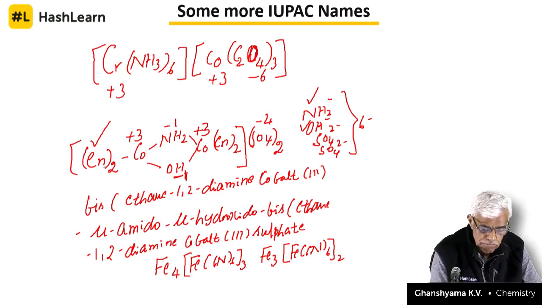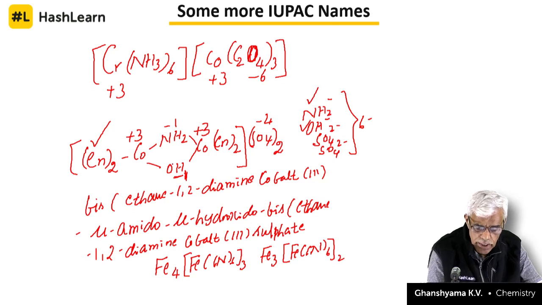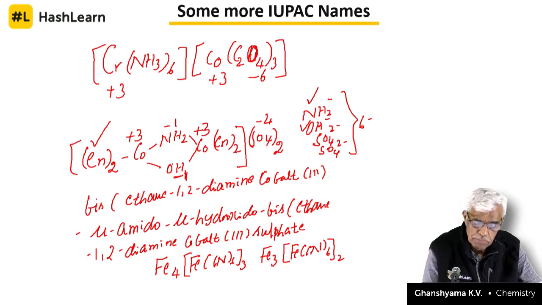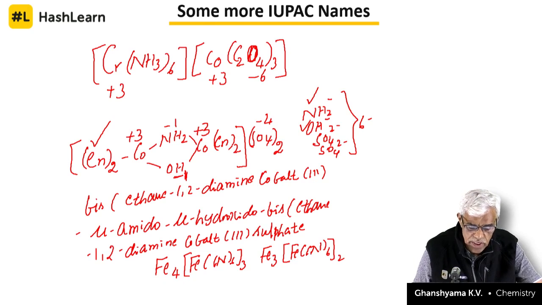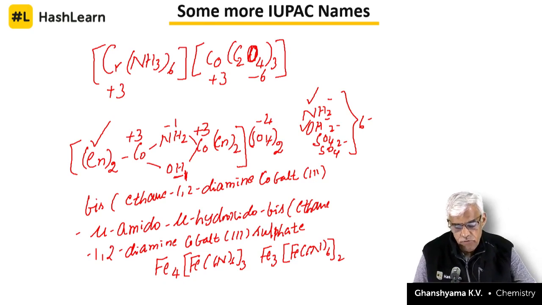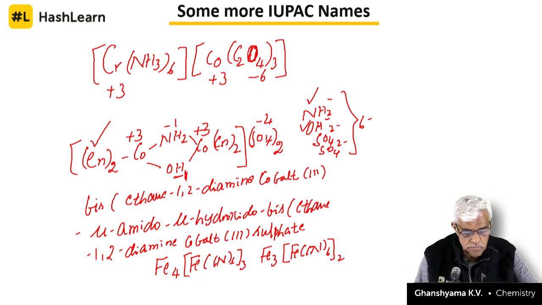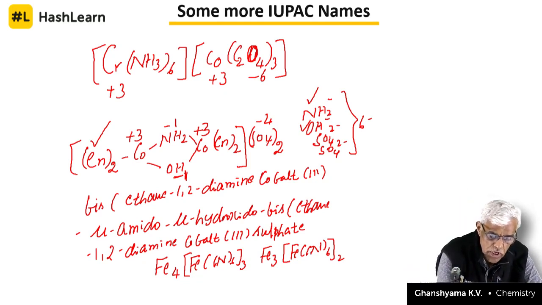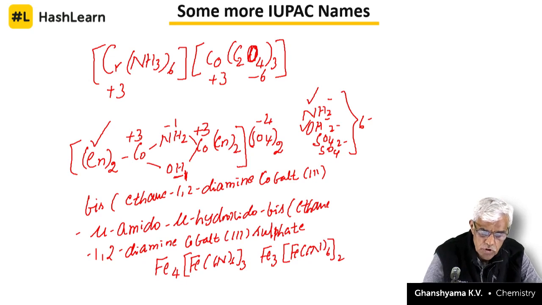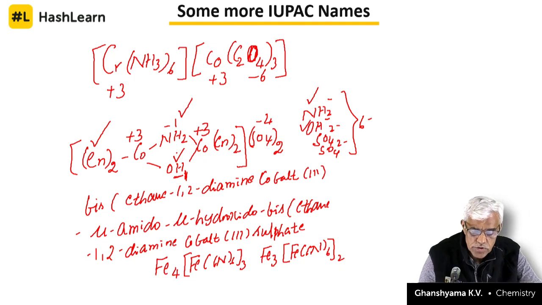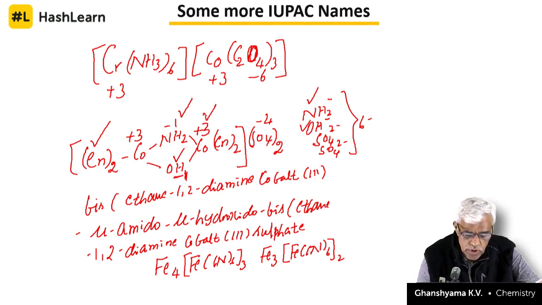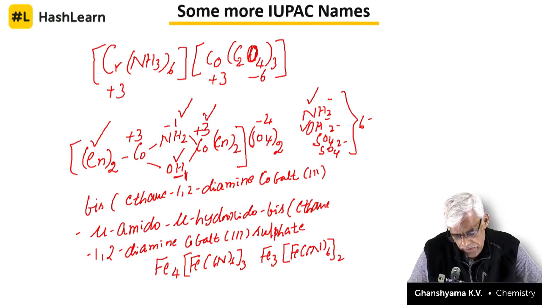So I repeat, bis ethane 1,2-diamine cobalt 3, mu amido, mu hydroxido, bis ethane 1,2-diamine cobalt 3 sulfate, the long name.